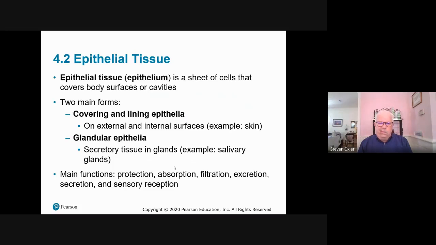Glandular epithelium is involved with glands, and the typical example of that is the salivary glands in your mouth. The function of epithelial tissue is to protect. They also absorb, filtrate, excrete, and have sensory reception.